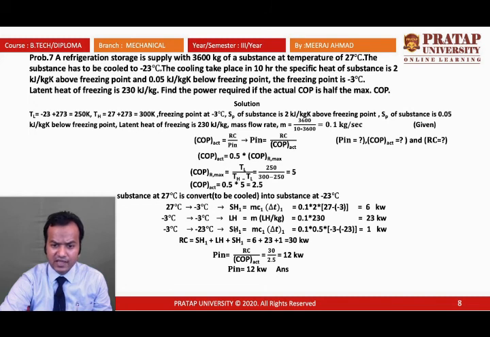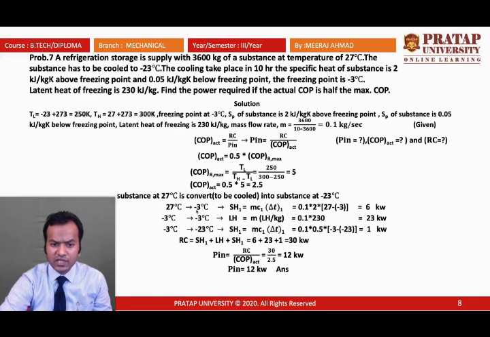This can be found from m C2 delta T, where m is the mass flow rate and C2 is the specific heat below the freezing point, because this temperature is below the freezing point and the earlier temperature is above the freezing point.